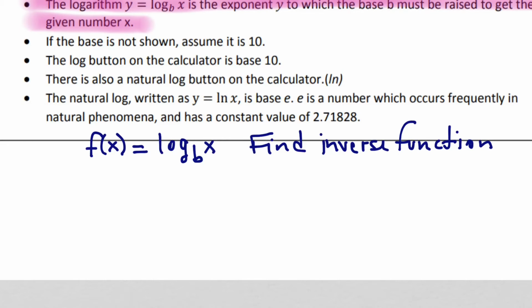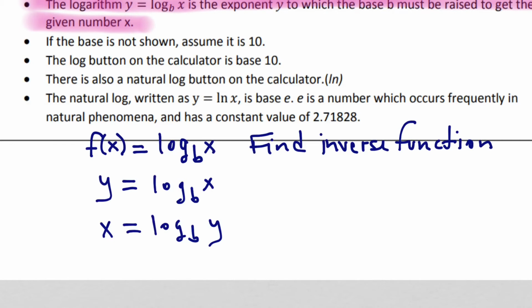So let's go the other way now. Let's say we're starting with the function f of x is equal to log to the base b of x, and we want to find the inverse function of that. So we'll go through the steps. Step 1, replace f of x with y. Step 2, switch x and y. And the next step would be solve for y.